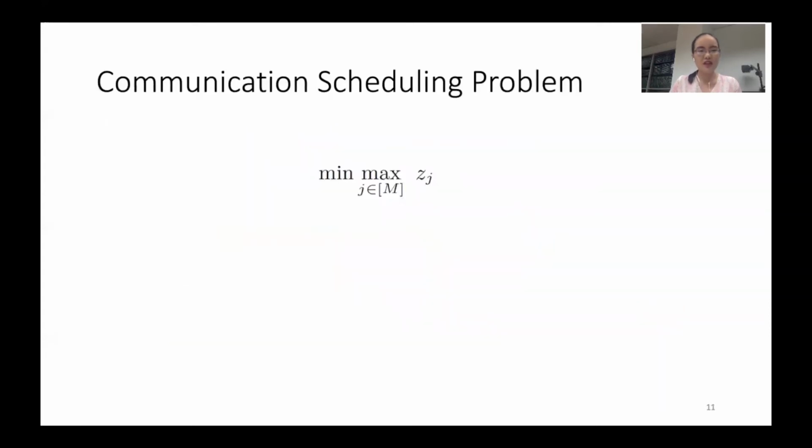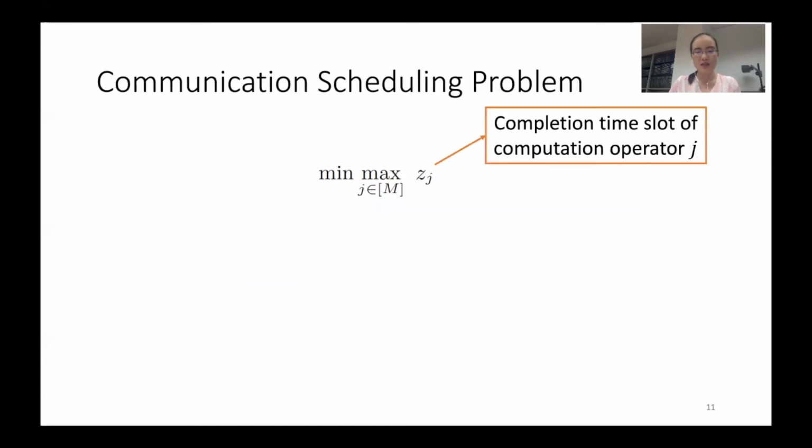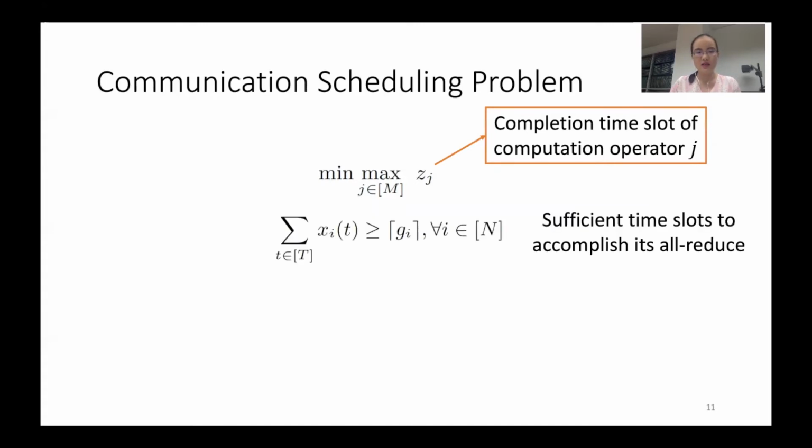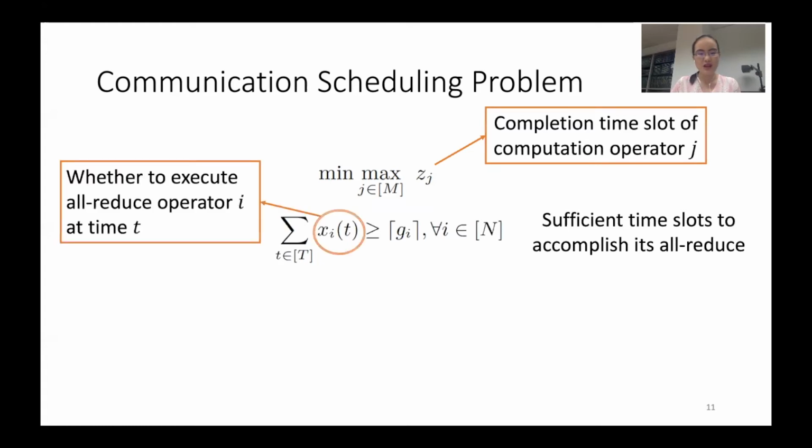In the communication scheduling problem, our objective is to minimize the completion time slot of the computation operator J. In the first constraint, we ensure that we have sufficient time slots to accomplish its all-reduce operator. And here, the variable x is the decision variable, showing whether to execute the all-reduce operator I at time t.